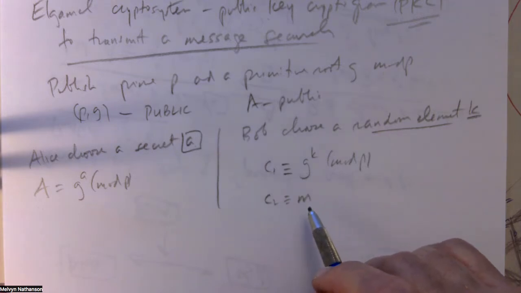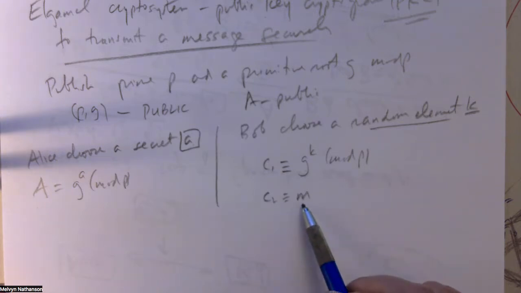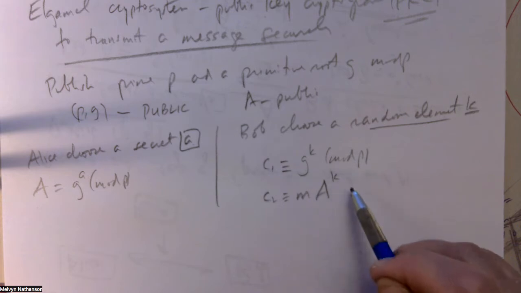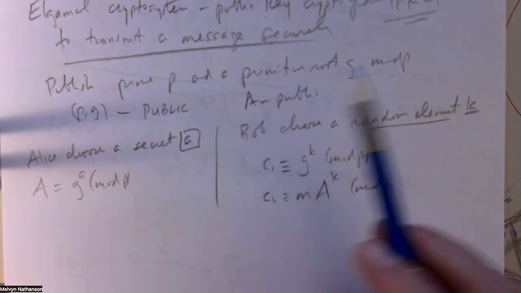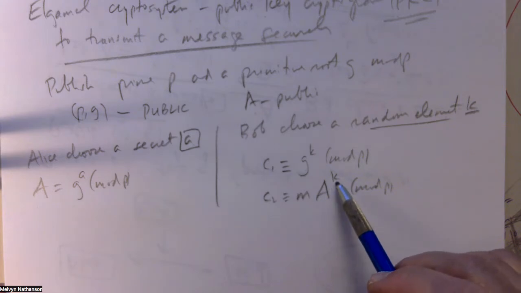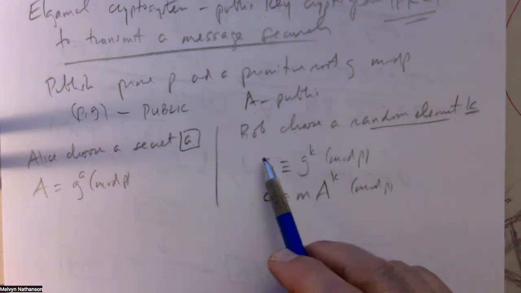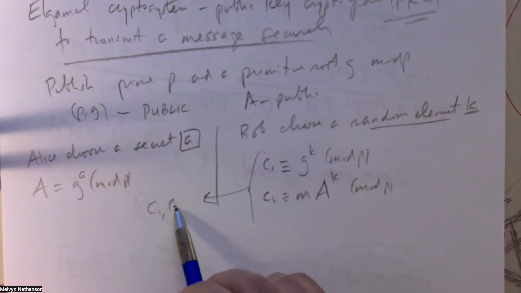And again, you have to remember, every message, whatever language it's written in, can be transcribed into a sequence of numbers. So C2 is M times A to the k mod P. Capital A is the number Alice published, and this little k, again, is Bob's random element. And what Bob sends to Alice is this pair C1, C2.